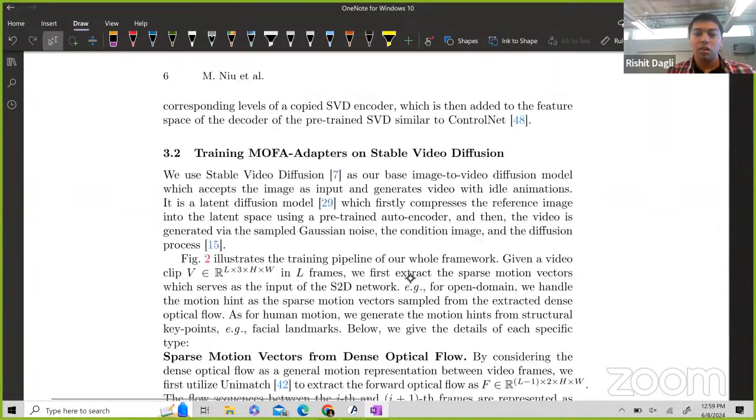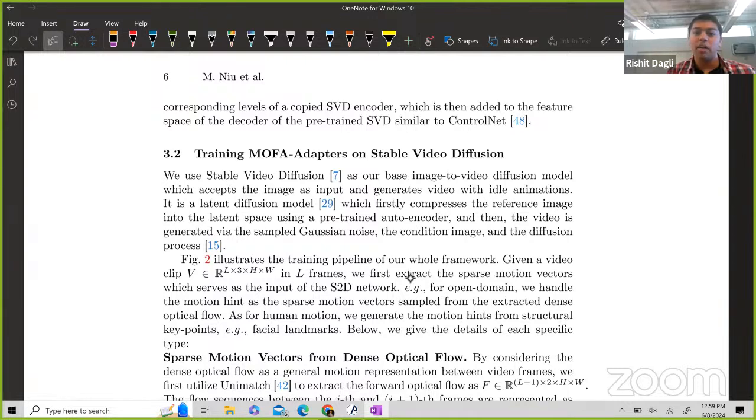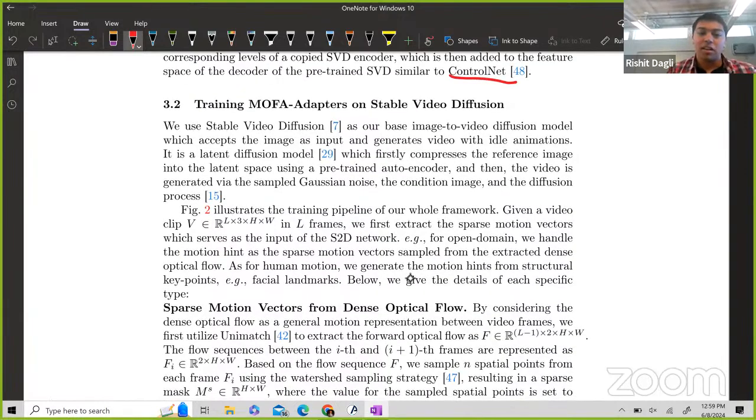They also say it really reminds you of ControlNet because they do something very similar, of course for 2D. There's also ControlNet motion, which does something really similar.